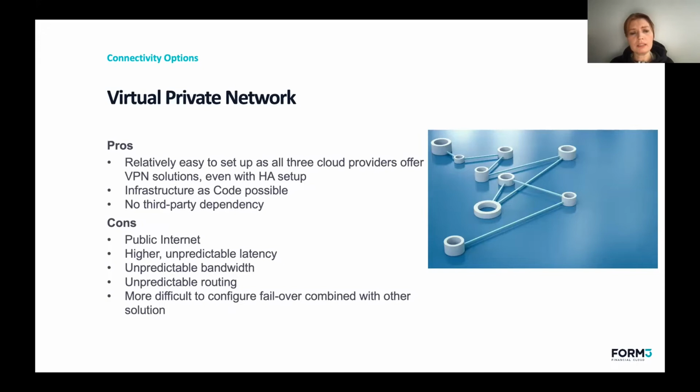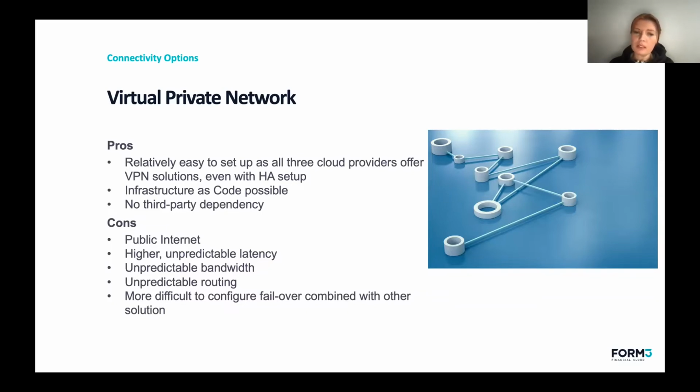On the cons side, on the other hand, our traffic goes through the public internet. What does it mean for us? It means basically higher and unpredictable latency. So even though we can have pretty good latency on average, there are some spikes with high latency.